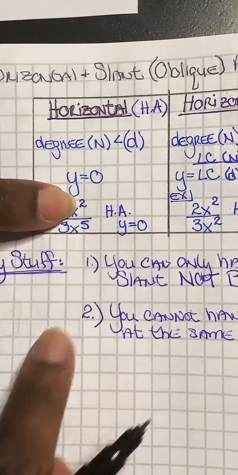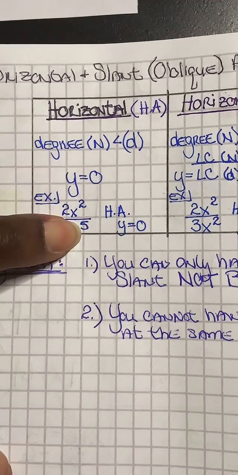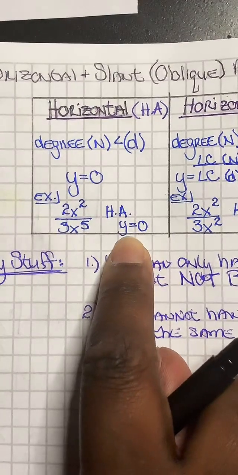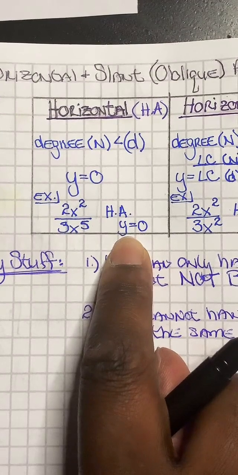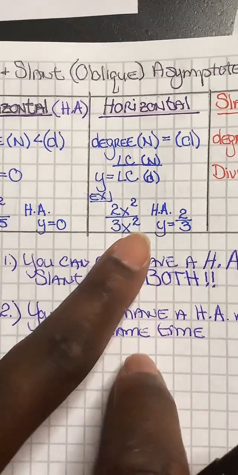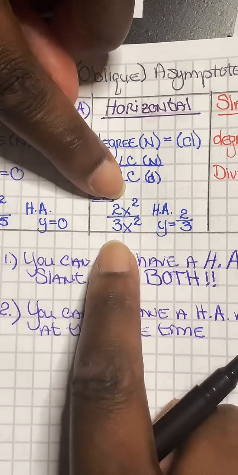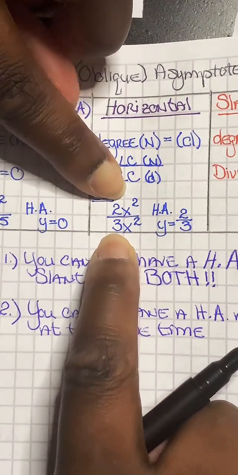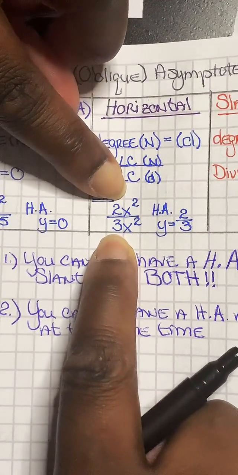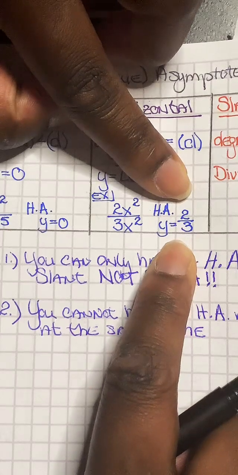When the degree is smaller in the numerator than in the denominator, your horizontal asymptote, boom, automatically y equals 0. But if they are exactly the same, we're looking at the leading coefficients, which is my 2 and my 3, and that fraction is going to make up my horizontal asymptote.